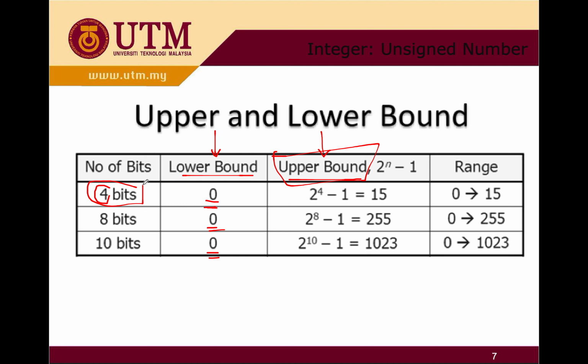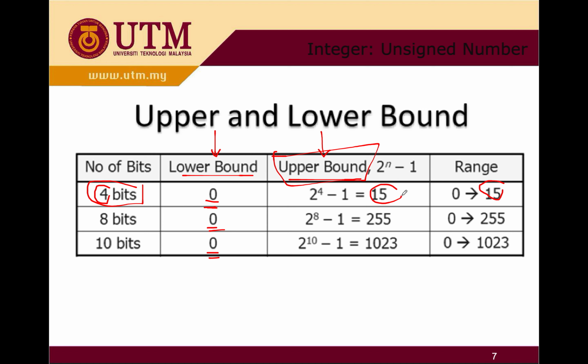you know that the upper bound is the maximum value within the range, and the lower bound is always 0. The lower bound is the minimum. So the range is 0 until 15. Why is it 15?